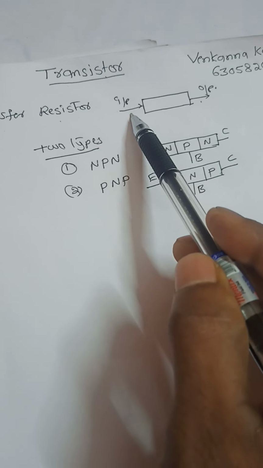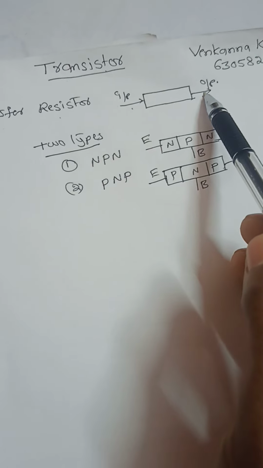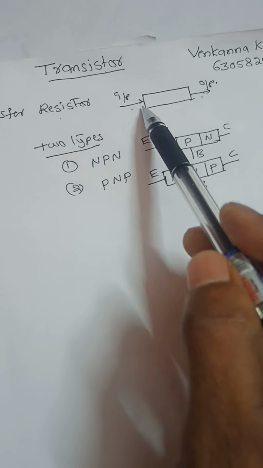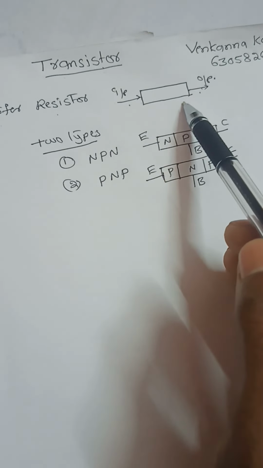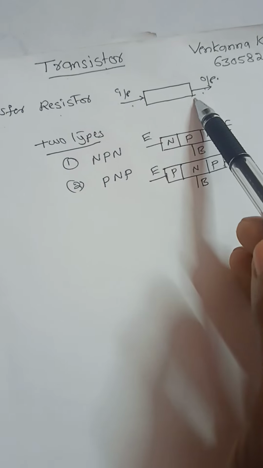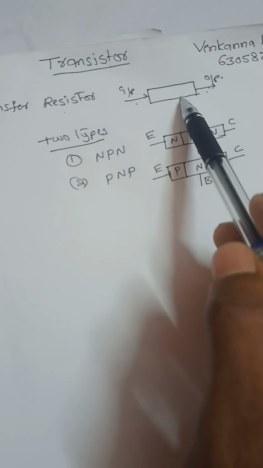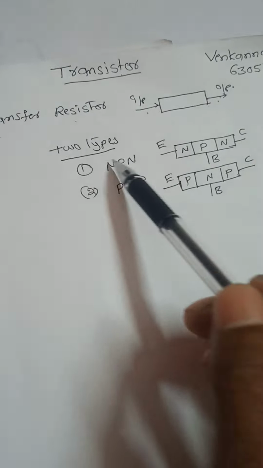At the input port, the resistance is very low, and at the output port, the resistance is high. That is, the resistance from input to output gradually increases. That's why this is known as a transfer resistor, so it is called a transistor.